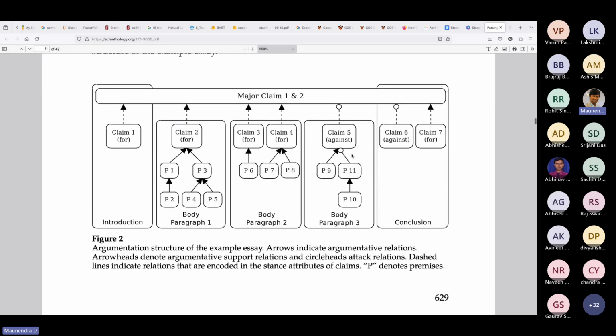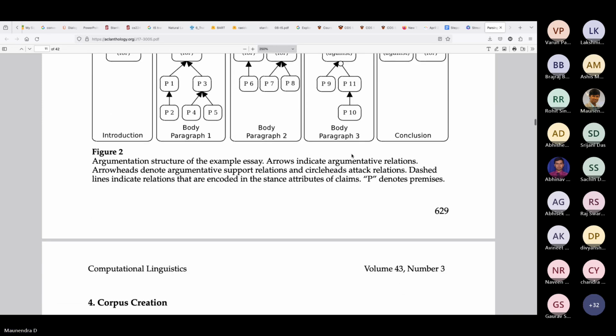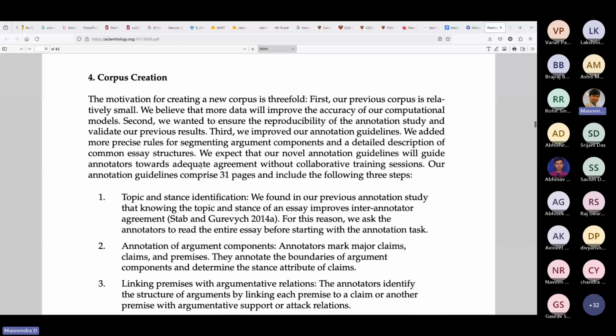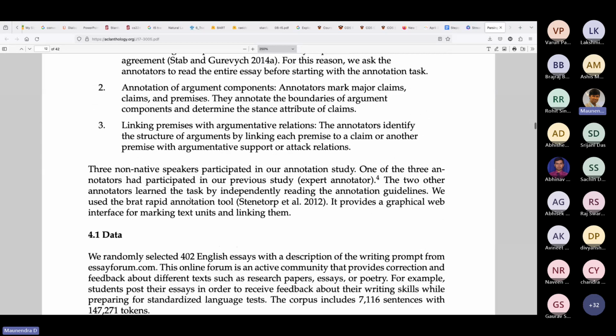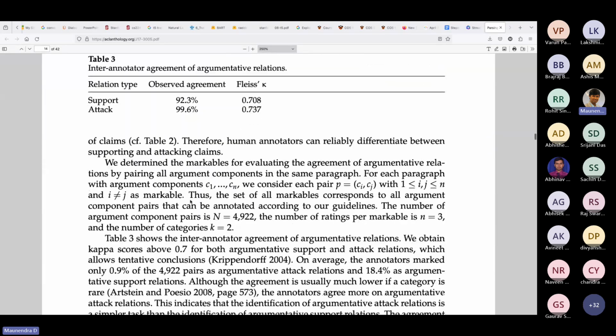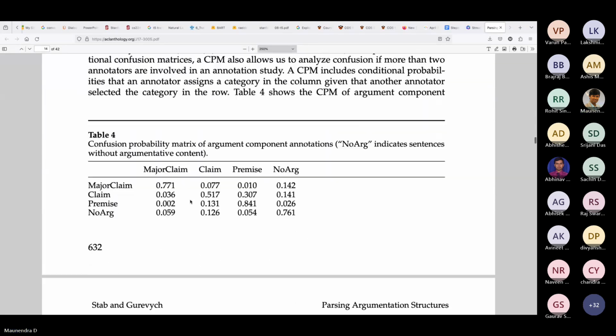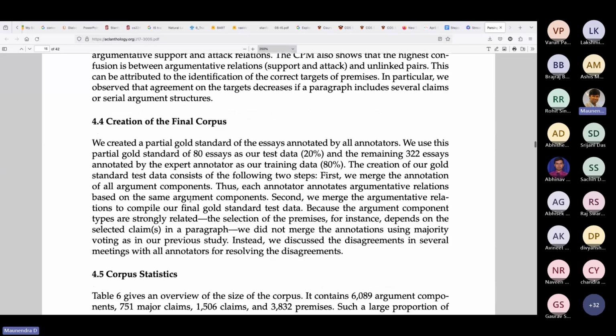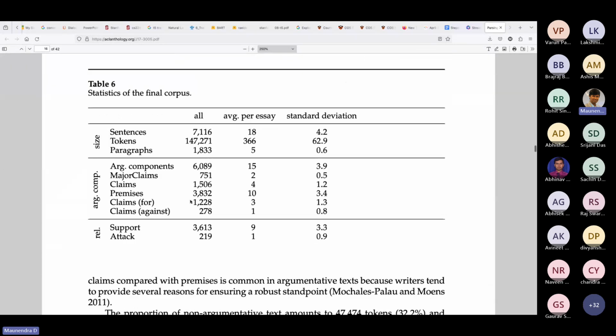And in that way, a broader understanding of the document structure can be obtained. So this is about argument, and they have created a corpus for this task. They have then talked about interpreter agreement and so on, and analyzed the final corpus statistics.